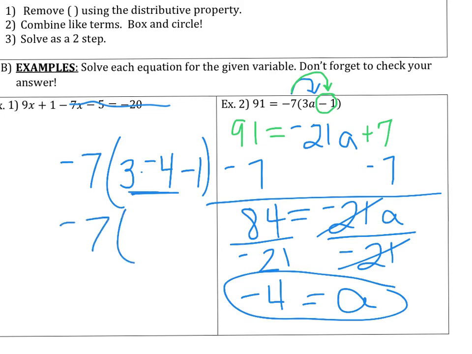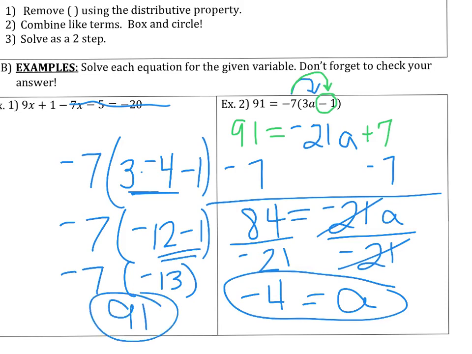So we would have 3 times negative 4, that's going to be a negative 12 minus 1. That would give us negative 13 in the parentheses. If you multiply negative 7 times negative 13, you get 91. So yes, that is exactly what I was supposed to get. So that is correct. Give yourself a smile.